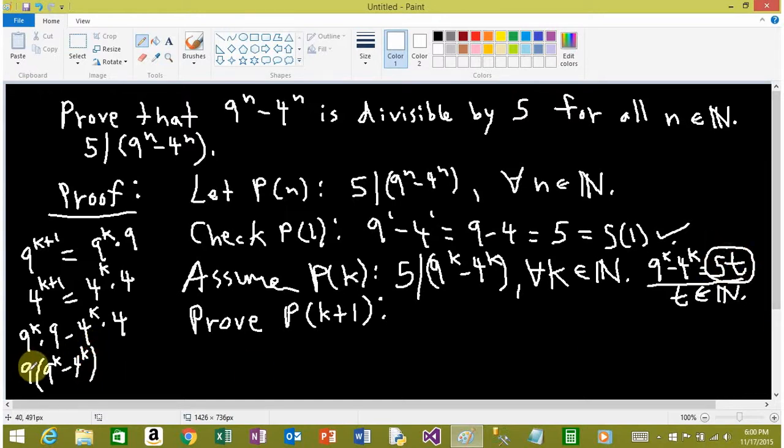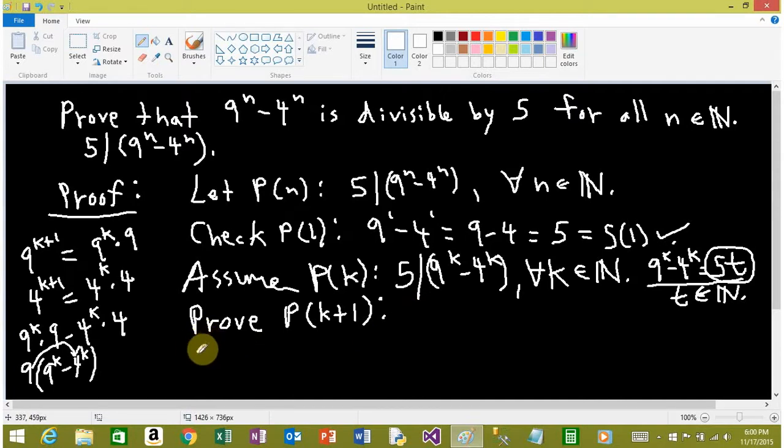So that means I got to have a minus 9 times 4 to the k, and I also have to add a plus 9 times 4 to the k. So we'll see how that works in the induction step.